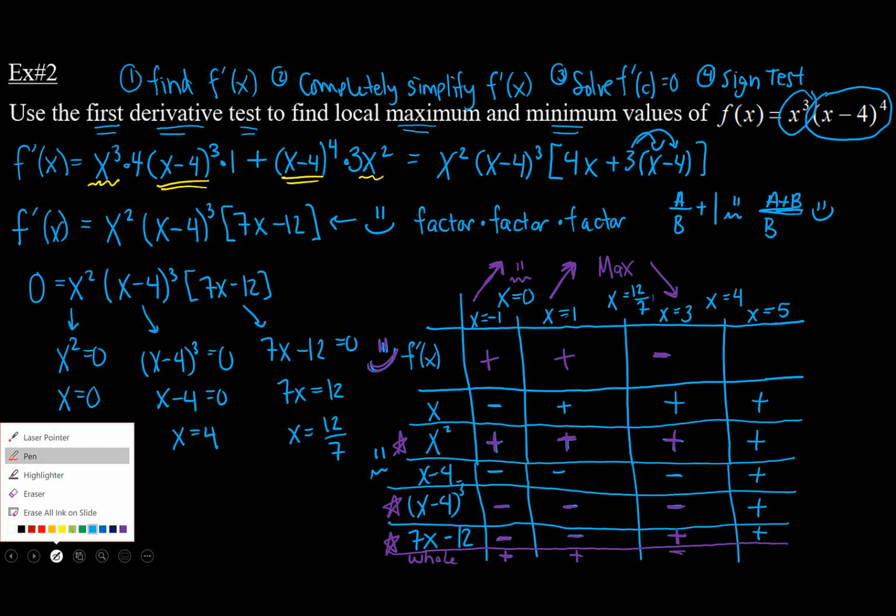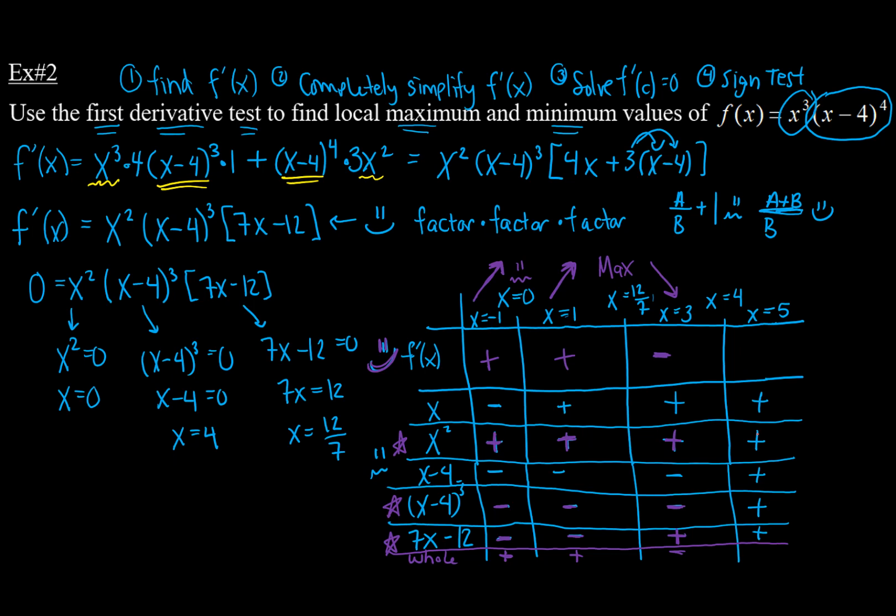Then if I multiply them together as they are in the derivative, x squared times x minus 4 cubed times 7x minus 12, positive times positive is positive, so the cumulative effect is positive. If I plug 5 into the first derivative, I would also get a positive number. So that means after the critical number of 4, my slopes are increasing again. If I go from decreasing to increasing, that means this is a minimum.